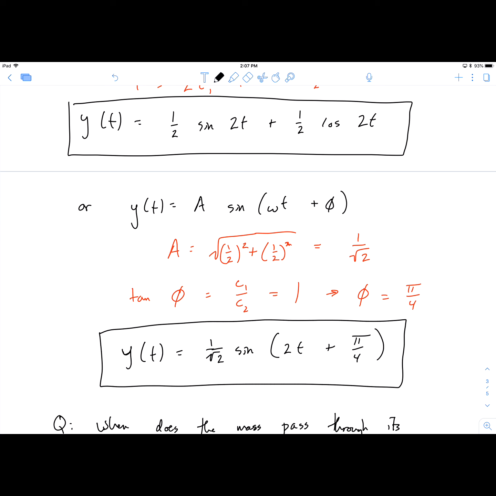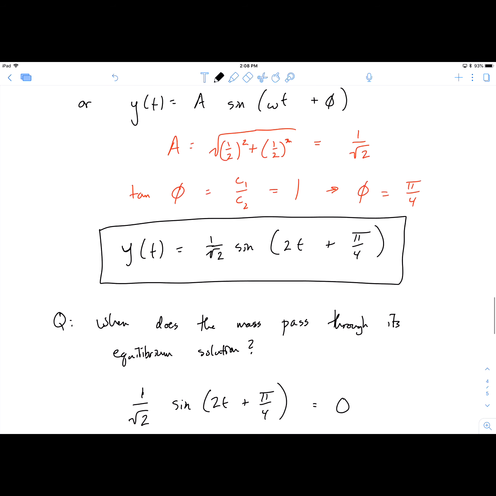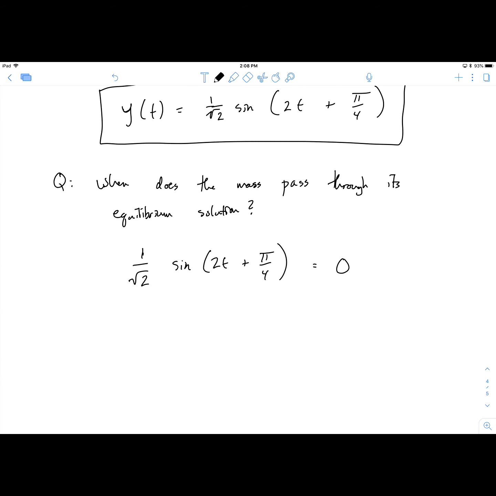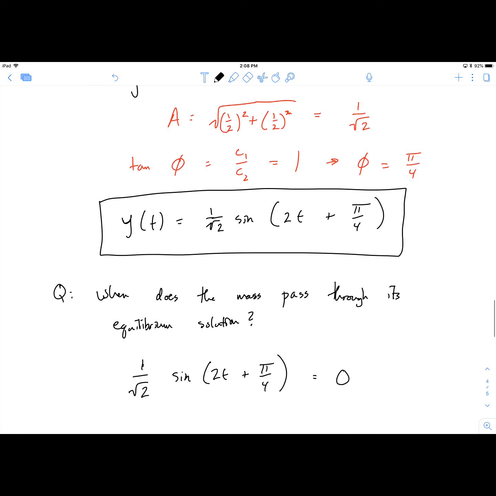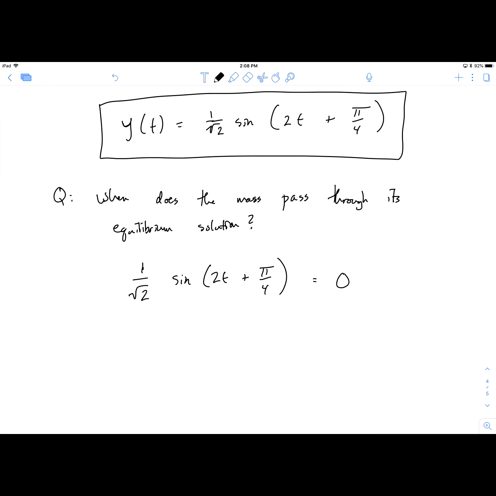Since there will only be a single sine function, it's easier to solve for than if we've got an equation involving both sine and cosine. Of course, we could solve it that way, but this one just might be more convenient algebraically. So use whichever of these is the most convenient in the moment.